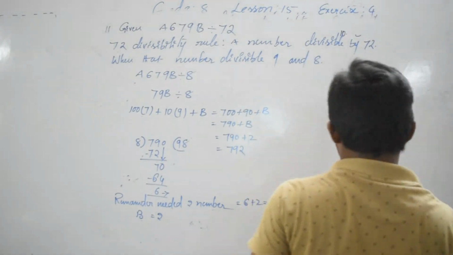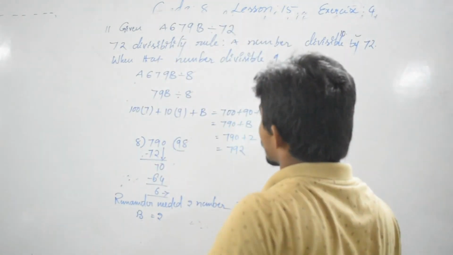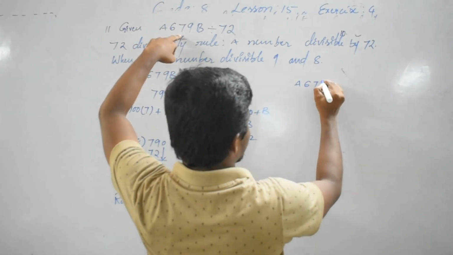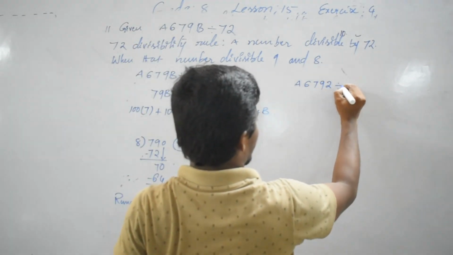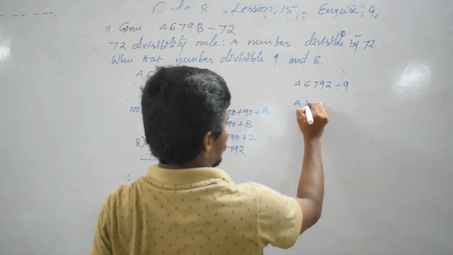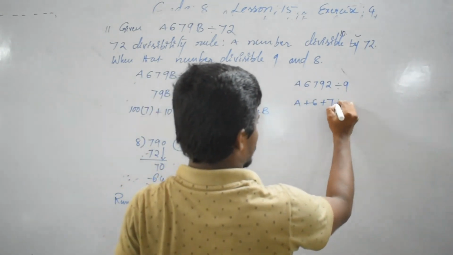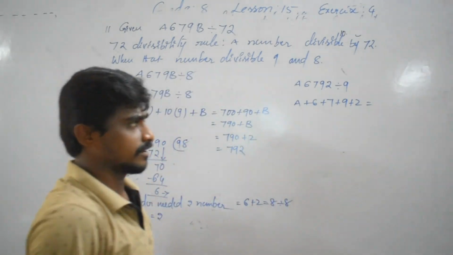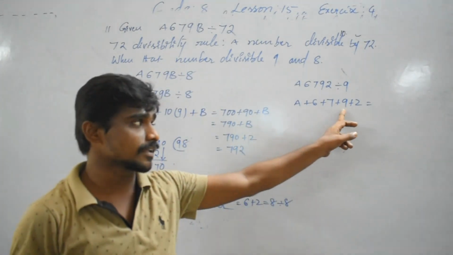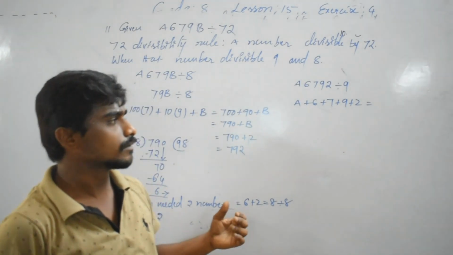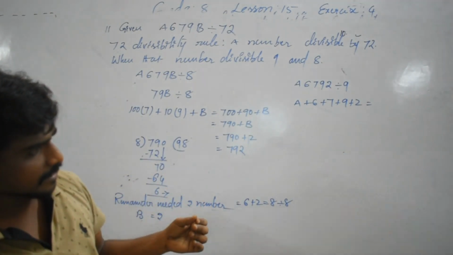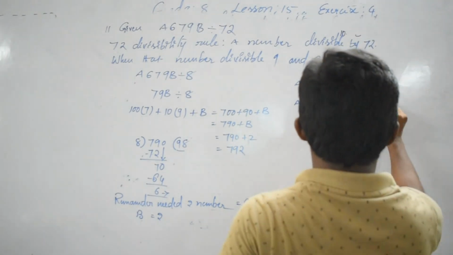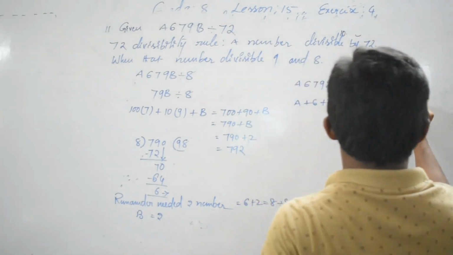The sum of all the digits. So A679B divided by 9, that is A plus 6 plus 7 plus 9 plus B. 6 plus 7 is 13, 13 plus 9 is 22, 22 plus 2 is 24, divided by 9.